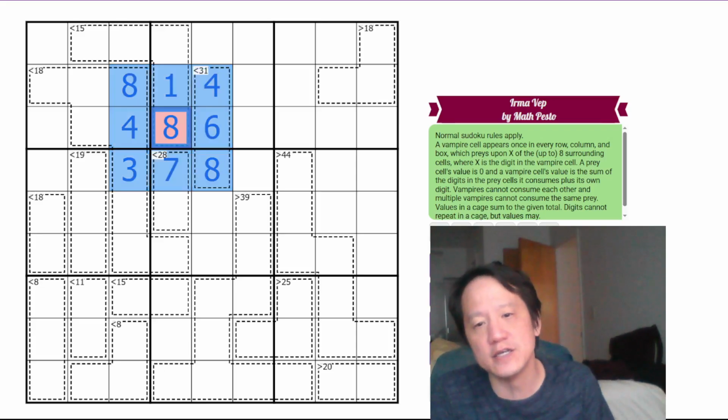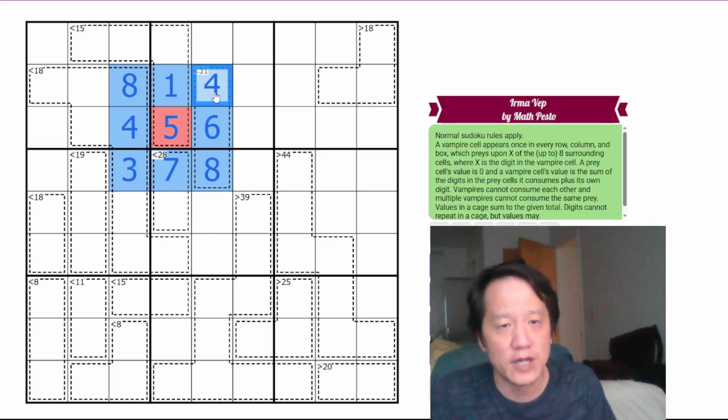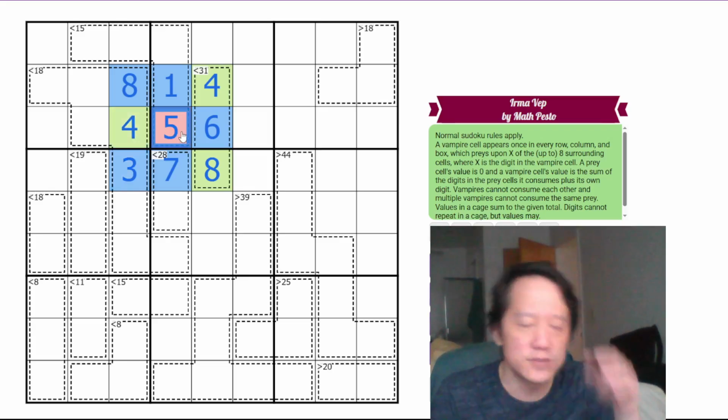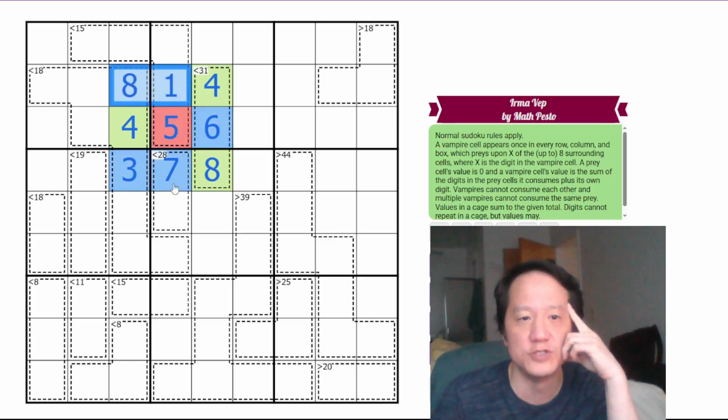If this was, say, a 5, it preys upon 5 cells here, and it could choose which 5 it does prey on. So it could choose that this one is not preyed upon, this one is fine, and not preyed upon here either. The blue cells would be value 0.